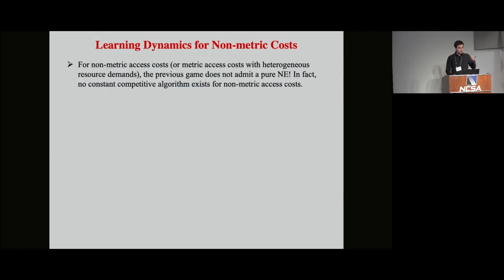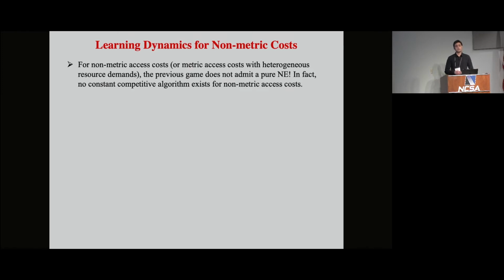So now getting back to Ashish's question, what if we have installment cost, or we go beyond this metric access cost? The situation here becomes much more complicated. In fact, we can think about a generalization of the problem where there are different request rates for different resources.